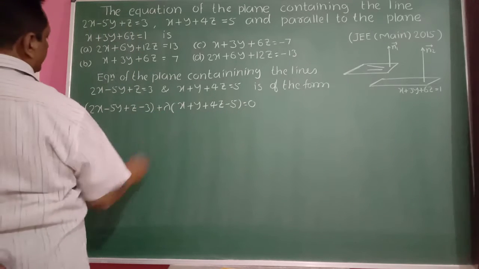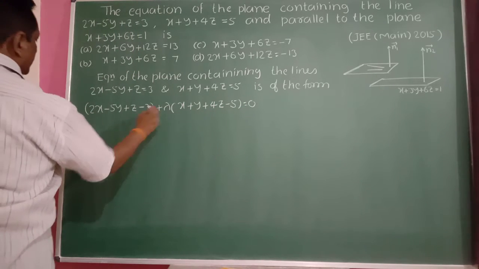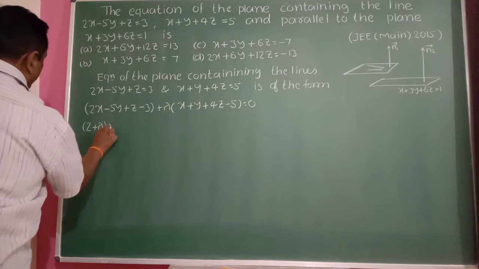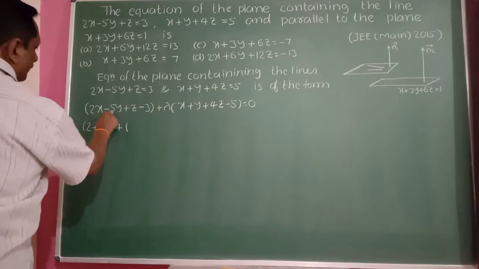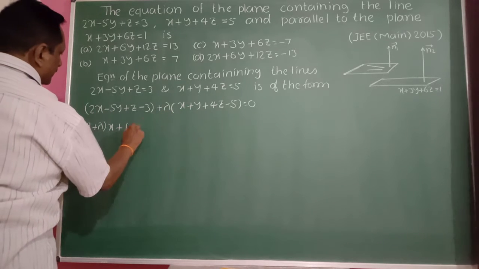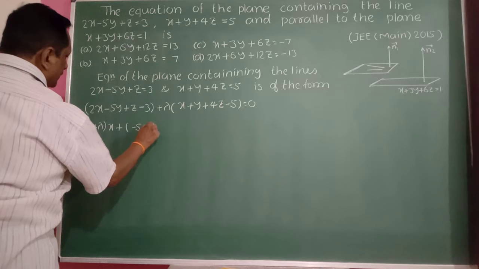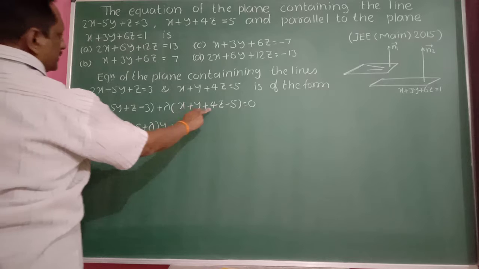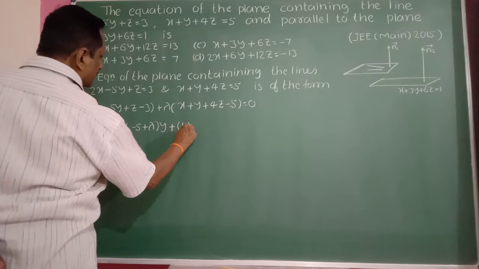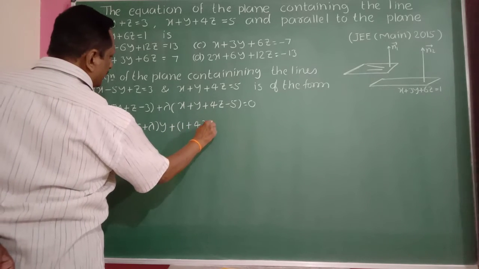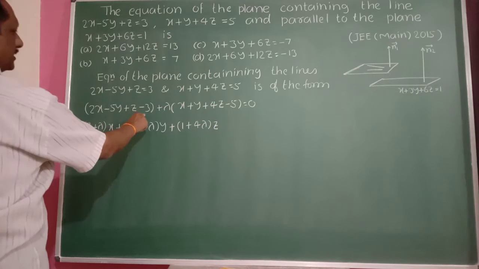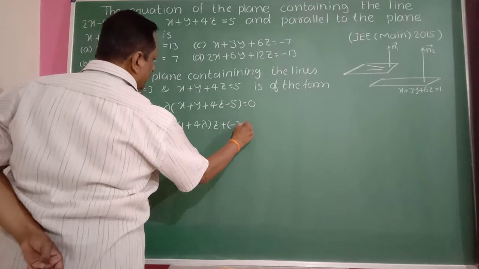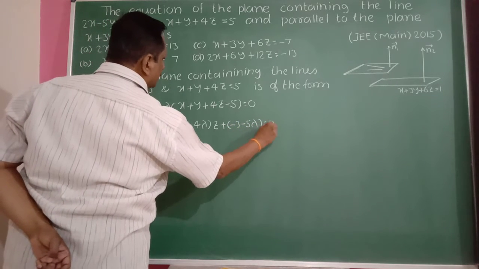Take this lambda inside the bracket here. So (2 plus lambda) into x, then plus (minus 5 plus lambda) into y, plus (1 plus 4 lambda) into z, and minus 3 minus 5 lambda, so minus 3 minus of 5 lambda is equal to 0.